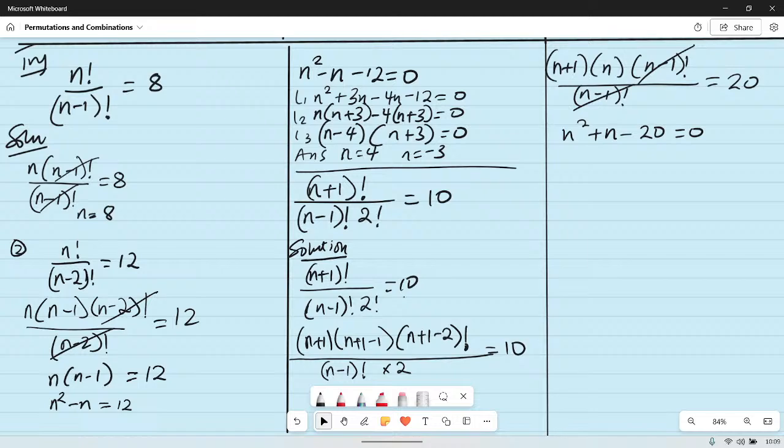So what do I write down? At this point, just take this one, multiply it, erase everything here. Take this one, multiply it, erase everything here.